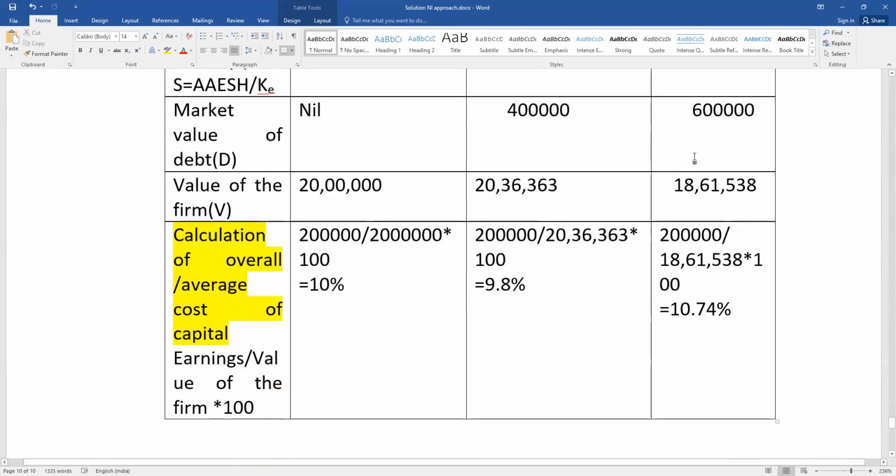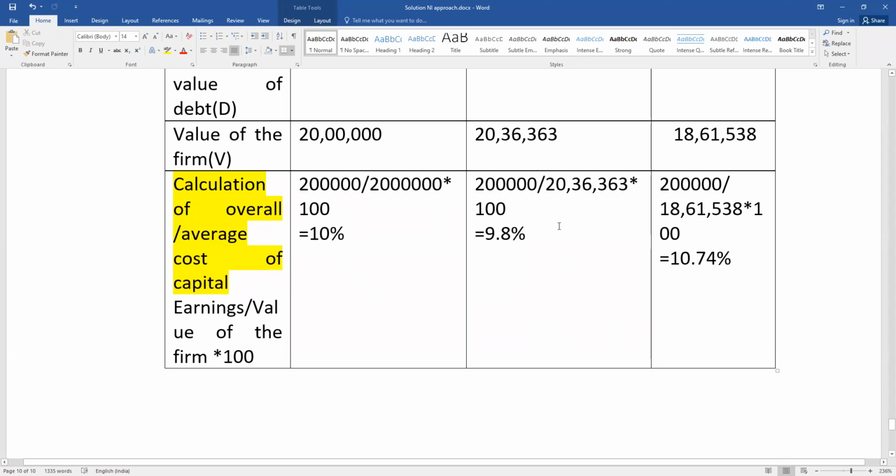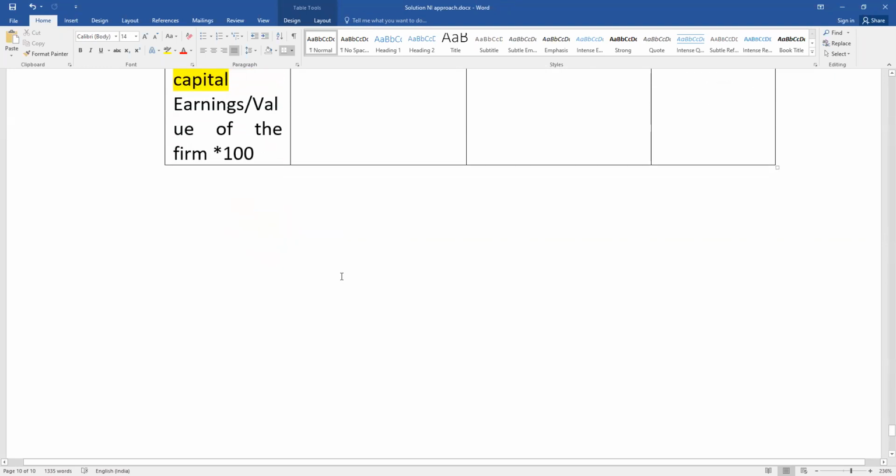Your total value of the firm decreases and the overall cost of capital is increasing. That means if you have 4 lakh debentures in your capital, you can increase the value of the firm. And how? Because your overall cost of capital is coming down. Did you understand? Yes or no? Yes, ma'am.